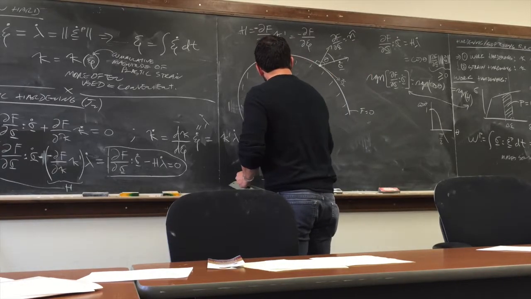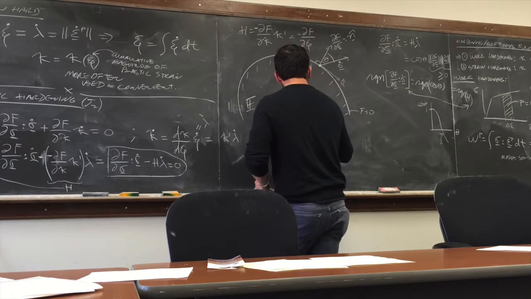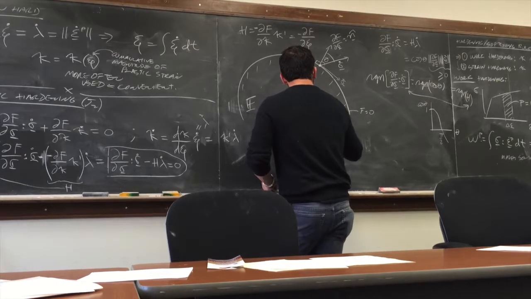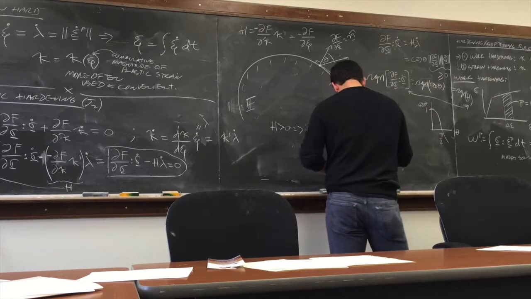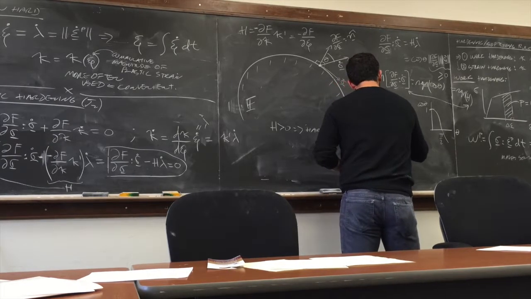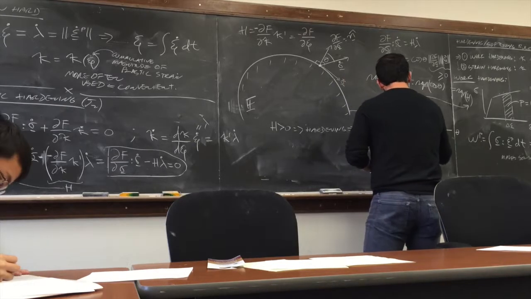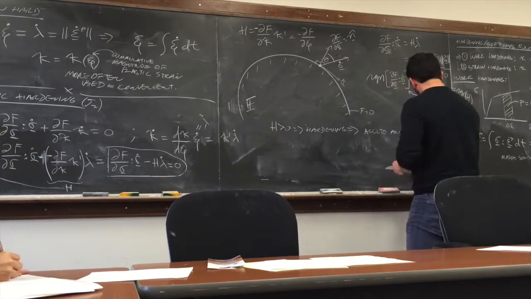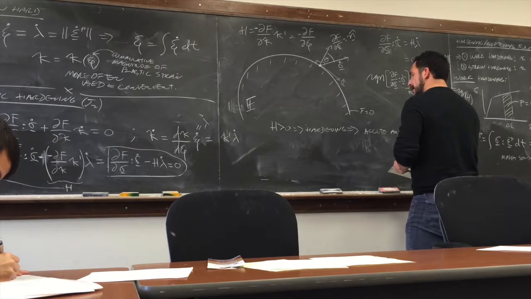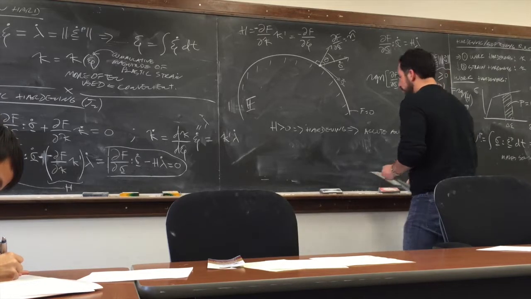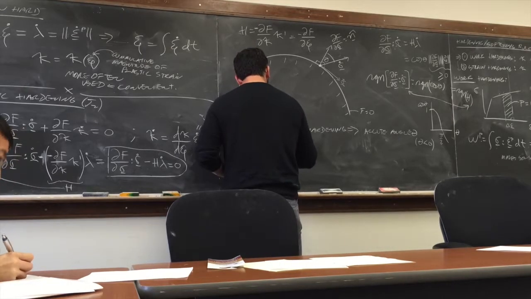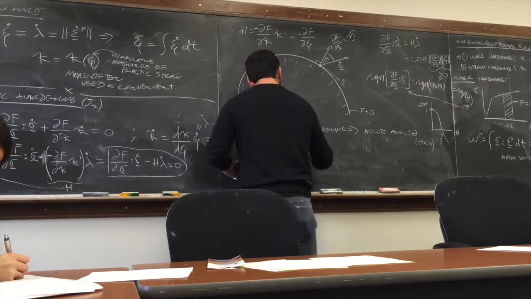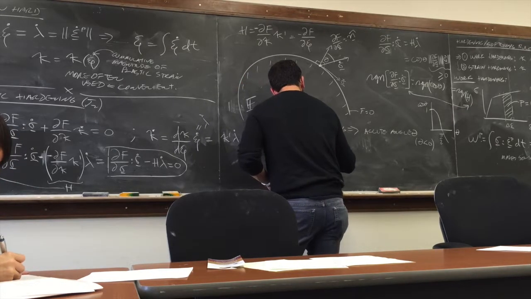Okay, so h greater than 0, we call this hardening. It implies acute angle theta, okay? So theta less than 90 degrees. H less than 0, we call it softening.